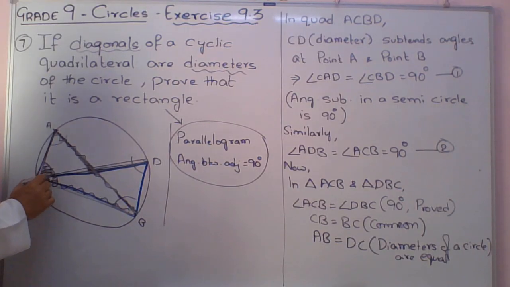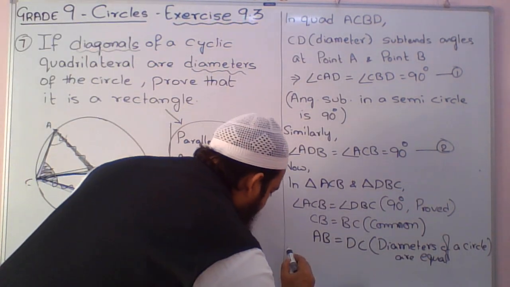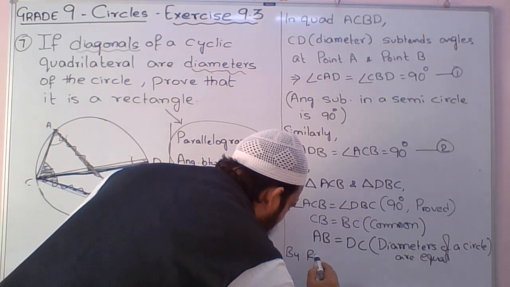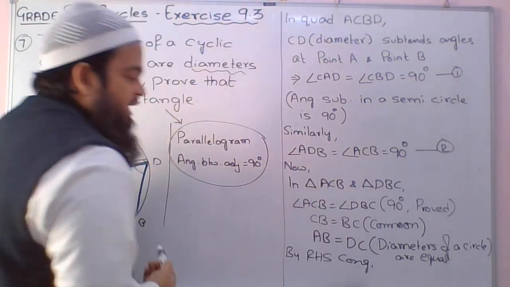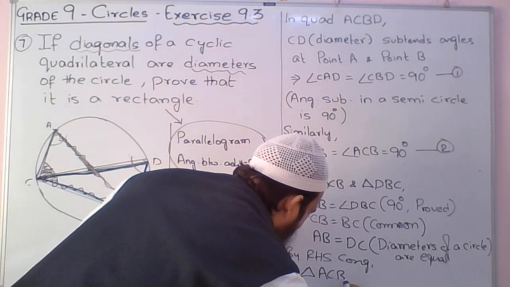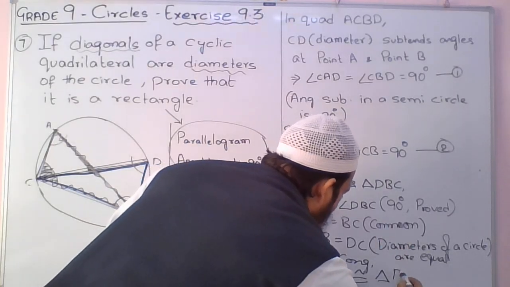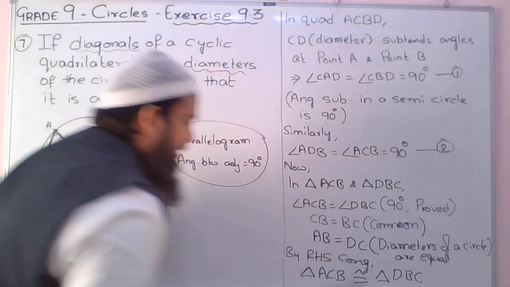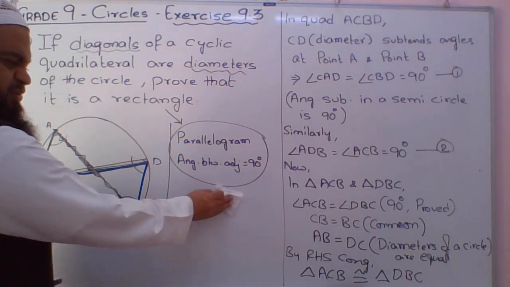This is 90 degrees: right angle, hypotenuse and side. So by RHS congruency, triangle ACB is congruent to triangle DBC. Is it right?